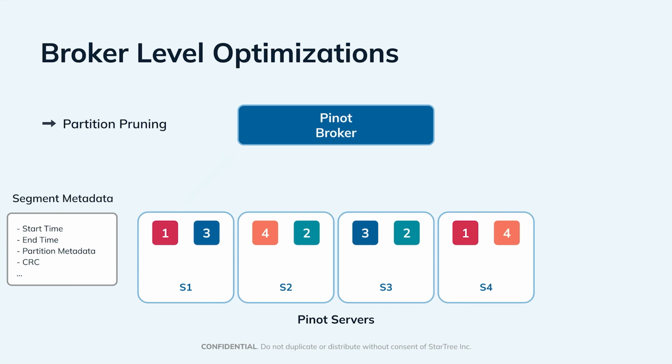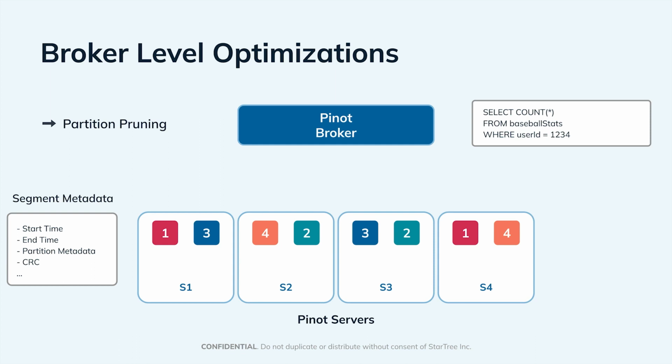Another thing we could do is partition pruning. This works when your data can be partitioned on a certain column. For example, let's assume this is a query you get: select count star where user ID is whatever. And the assumption here is you have a lot of queries that are trying to filter on the user ID column.